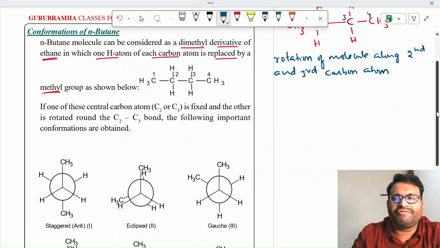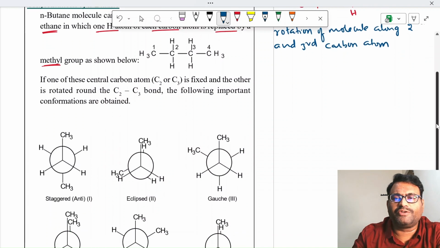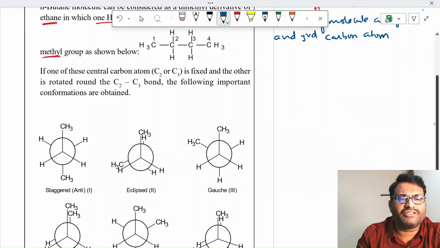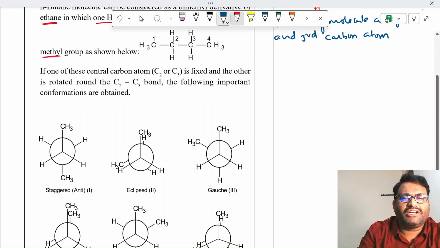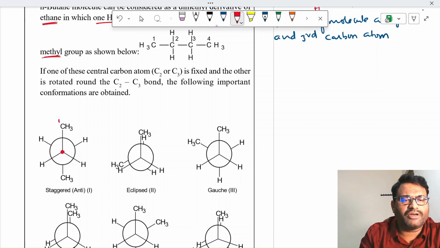So let us see here, this is carbon number 1, this dot is carbon number 2, this circle is carbon number 3, and this is carbon number 4. We are rotating along the second and third carbon atom.